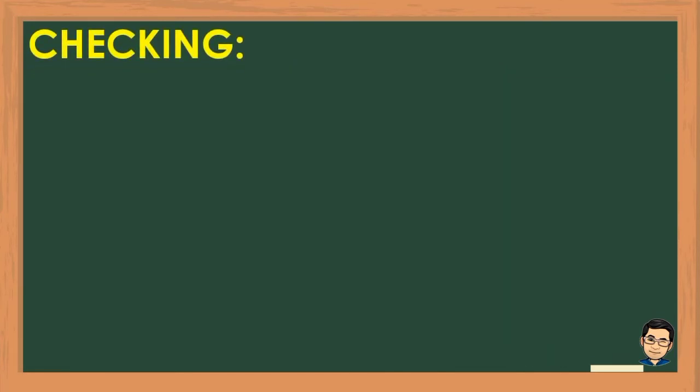Okay. So, to check kung tama ba yung claim natin na 5/4 and 4/5 yung mga numbers na hinahanap natin, pwede natin i-check. Okay. So, the LCD of 4 and 5, that is 20.